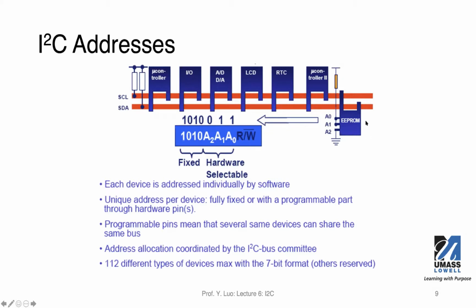So the 2 EEPROM chips will not be able to respond correctly. So the reason behind this hardware selectable address is to be able to have multiple such chips put onto the same I2C bus. Not every I2C device does that, but some of them do, especially these EEPROM chips, so that you can expand the capacity of these chips.